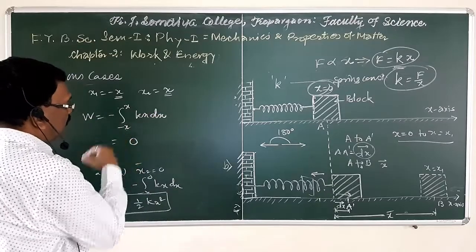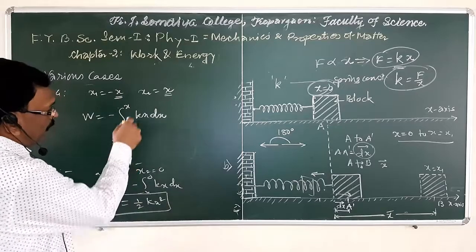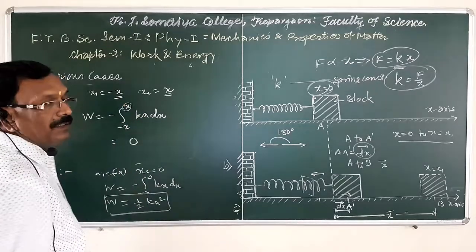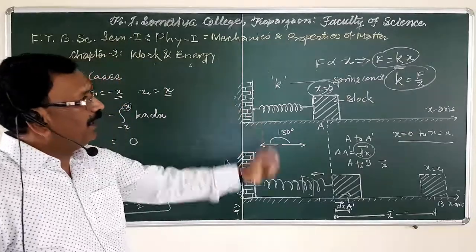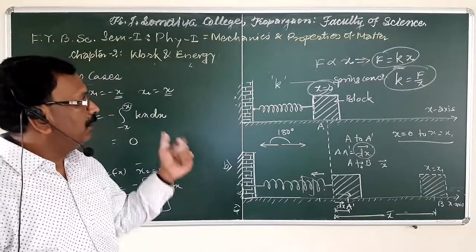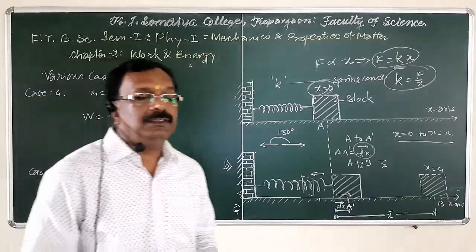Solve this, we get 0. OK, why this 0? Because this gets cancelled with this. In this way we study the work done by varying force along with different cases.